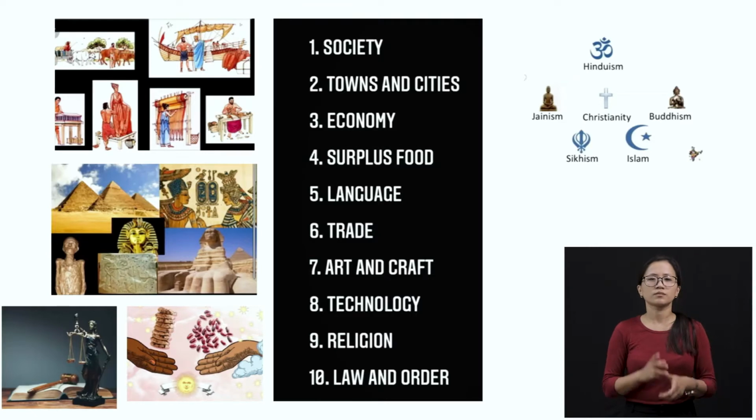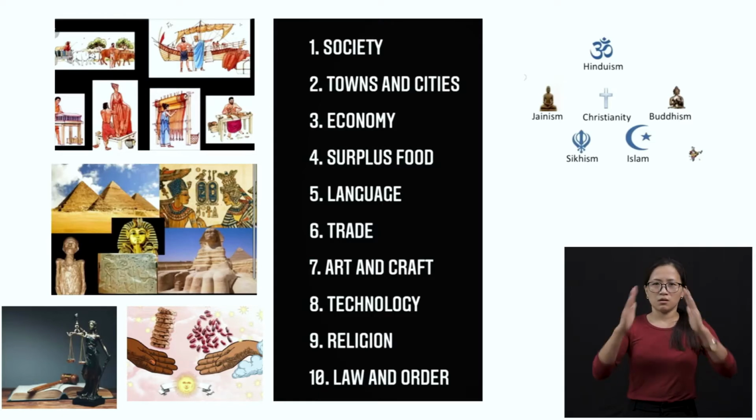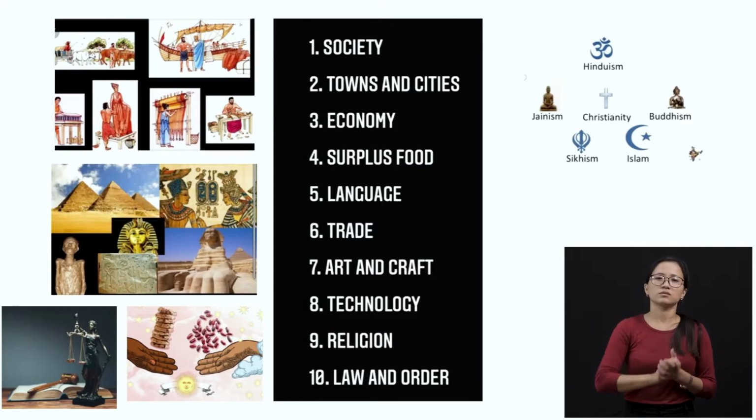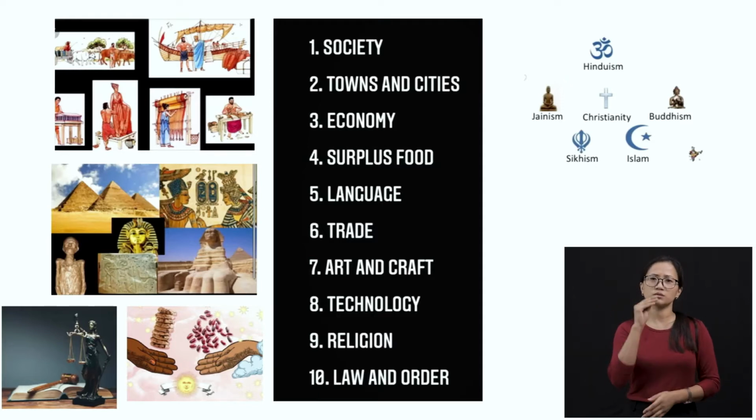I've explained how from a small society it became towns and cities. Then I explained to you about the economy, how there was trade, how the languages were spoken among the people, how technology has given rise to new places and tools.